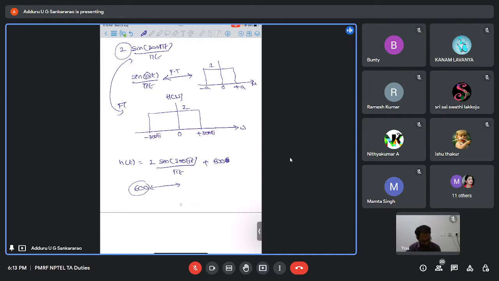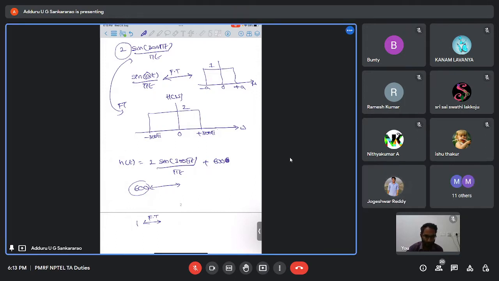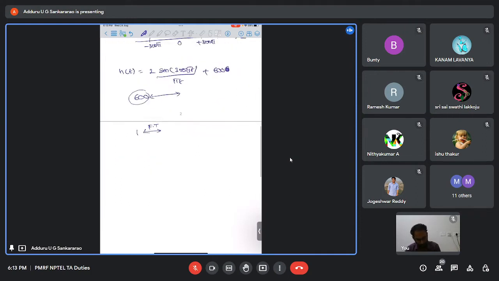Can somebody tell me what is the Fourier transform of 1? Del of t. Fine. We know the Fourier transform of del of t is 1, right?